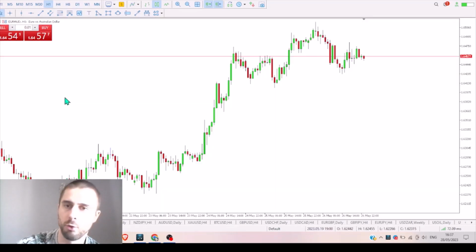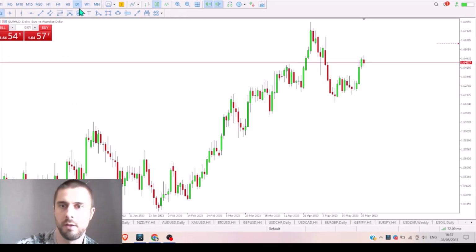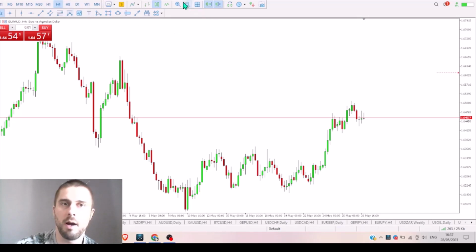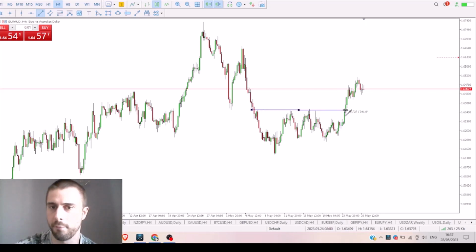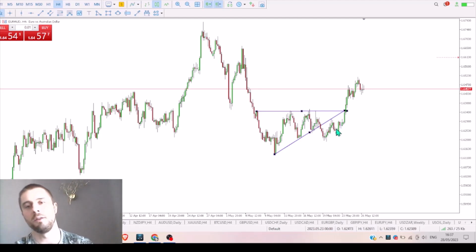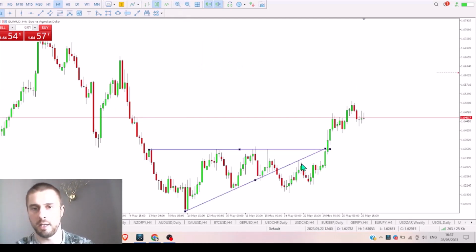We have the Euro USD, where I have had one trade. Actually, pretty interesting triangle have formed here. I have shared this trade on my Facebook profile, but at the end of the day, I waited for the pullback so I can get a really nice entry from here.